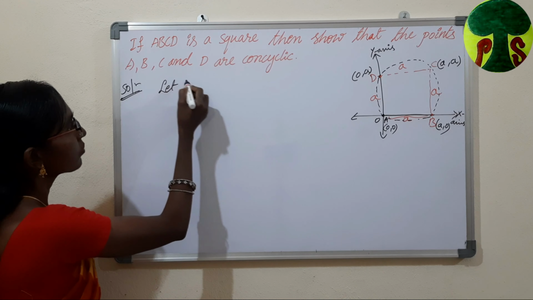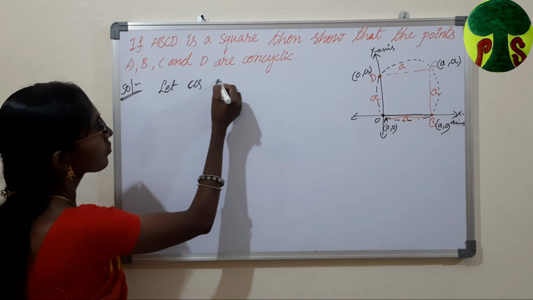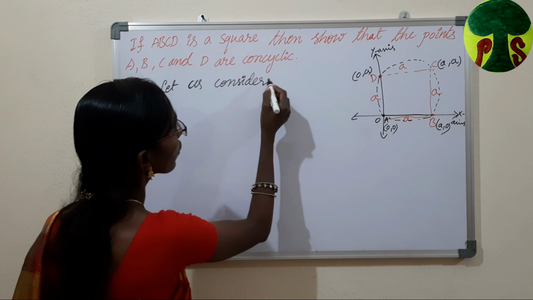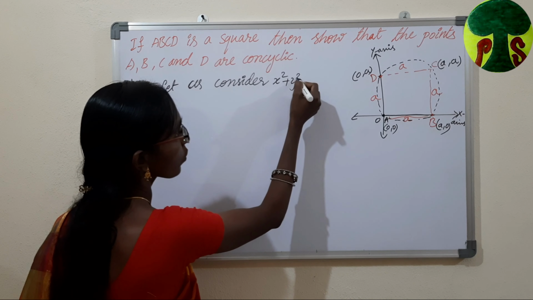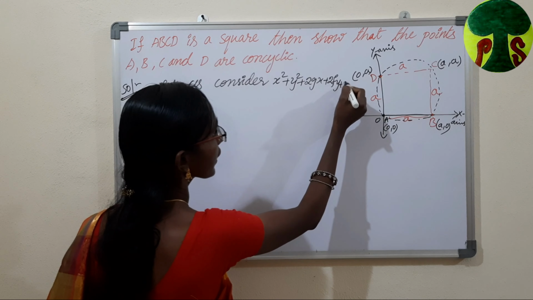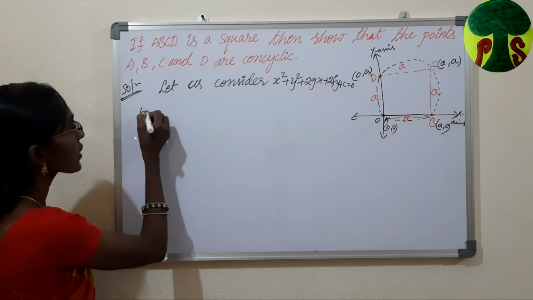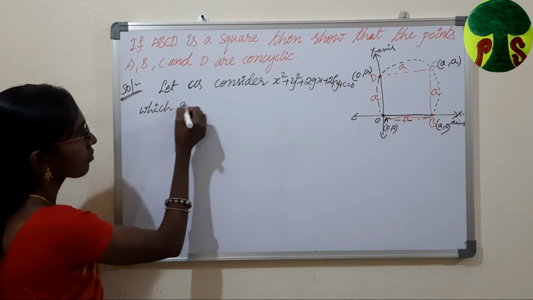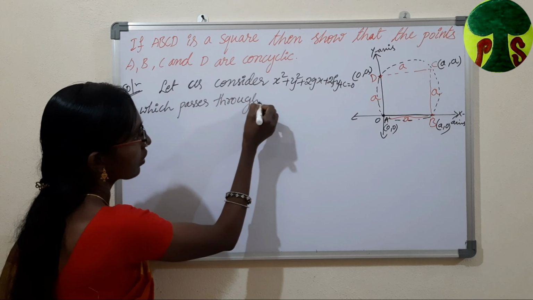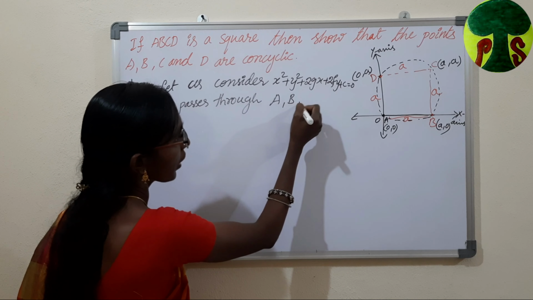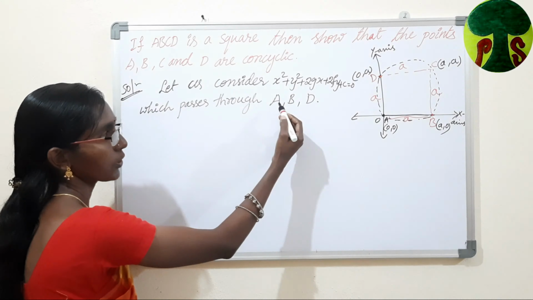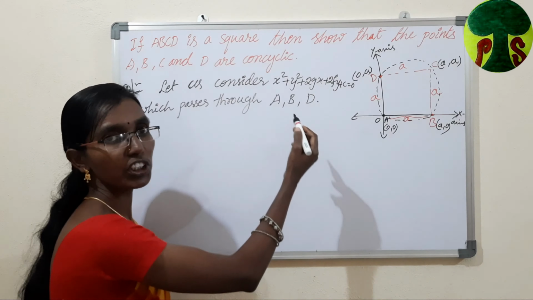Let us consider the equation of the circle as x square plus y square plus 2gx plus 2fy plus c equals 0, which passes through A, B, D. As the circle passes through A, B, D, we have to substitute the points A, B, D in the equation of the circle.